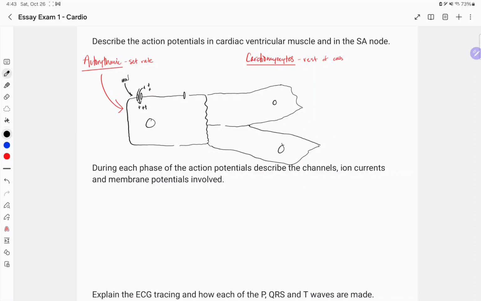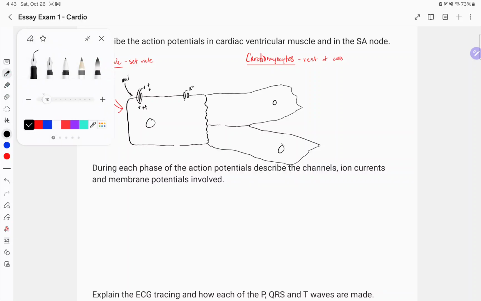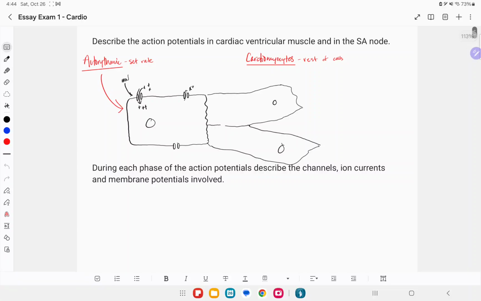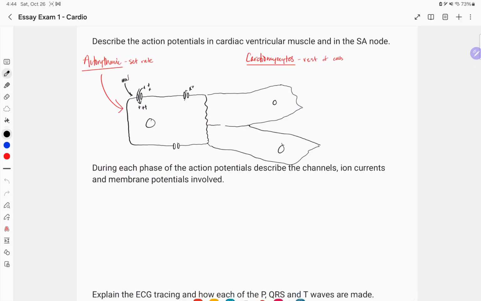You also have, of course, potassium leak channels, where potassium is going to be leaving the cell. And we're going to have some voltage gated sodium channels.